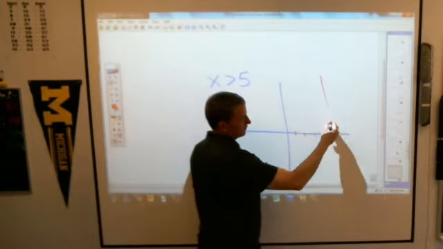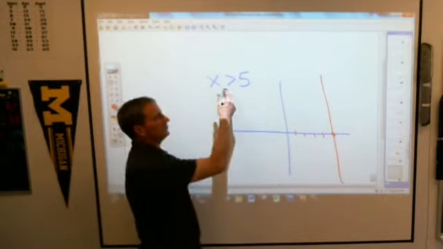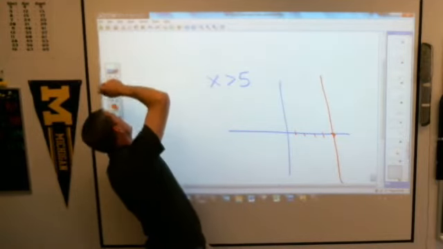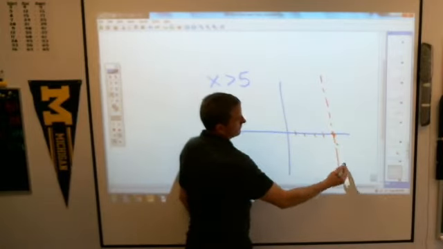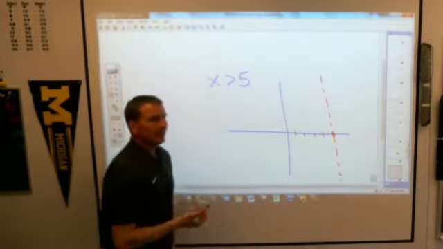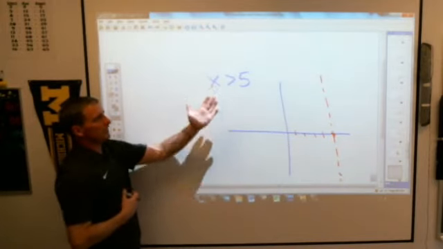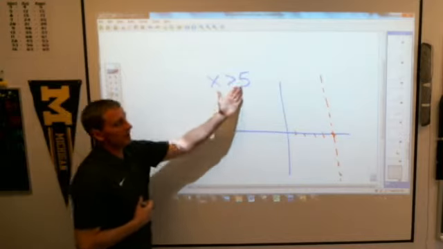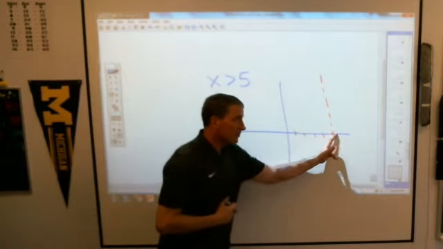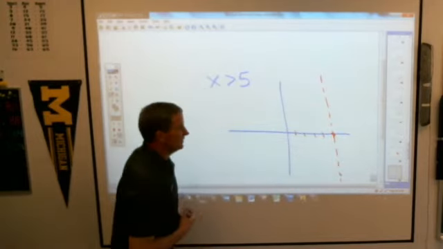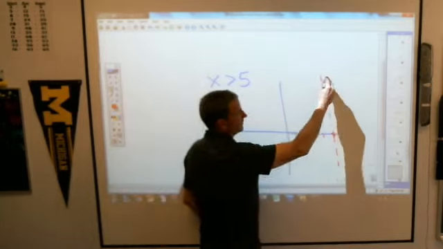So generally my line would have been this. That's where x is equal to 5. But since there's no equal sign under it, it has to be a dashed line. And only in this case do you not really care about the y-axis. On what side of that would you shade? On what side is x bigger than 5? This side or that? Right. All the numbers on x get bigger on this other side.